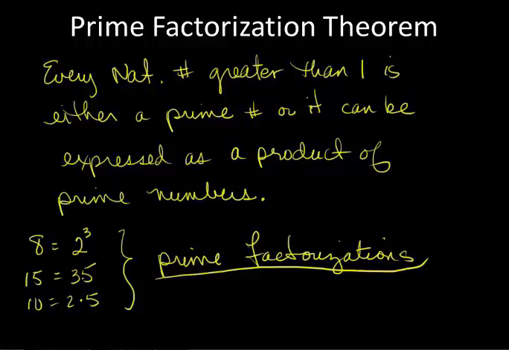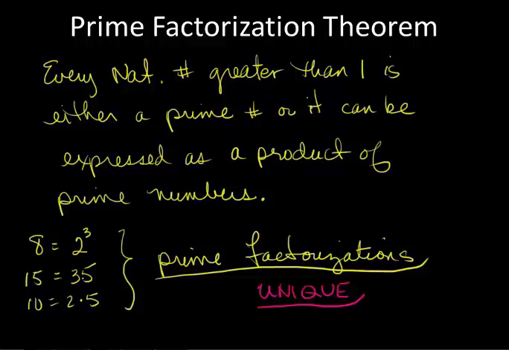And something we will not prove in our class, but if you like mathematics, you could definitely understand the proof: prime factorizations are unique. We're not going to prove this in class, but I want you to know it. It's very important. The prime factorization of a number is unique.